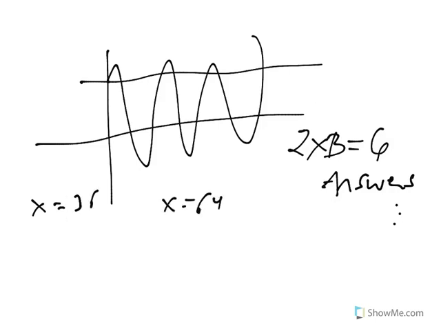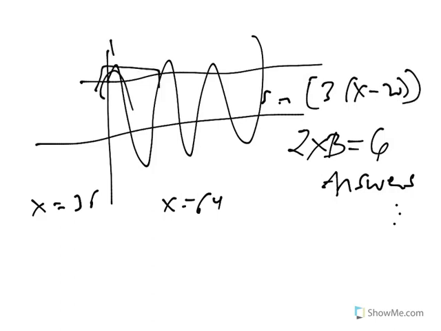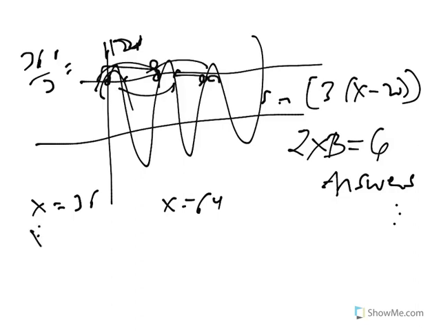The trick to getting the other answers is to realize that since the b value was 3, it was sine of 3x minus 20. So if I were to graph this, each of these periods would be 120 degrees. That's 360 divided by 3 is 120. So the other answers are going to be 120 past these two answers, and then another 120 past those. If I add 120 to 36, I get 156, and if I add 120 to that, I get 276.